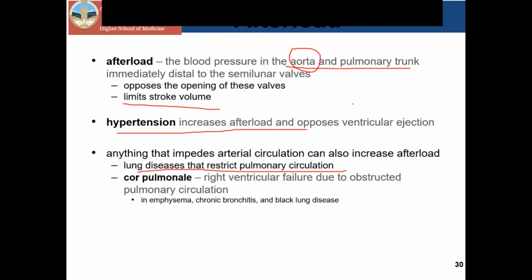And it means there will be opposite pressure limiting the right ventricle. This is why we have cor pulmonale. It's lung diseases that increase blood pressure in the pulmonary trunk. It's increased afterload. You see, afterload will be connected either with the lungs or with the body.